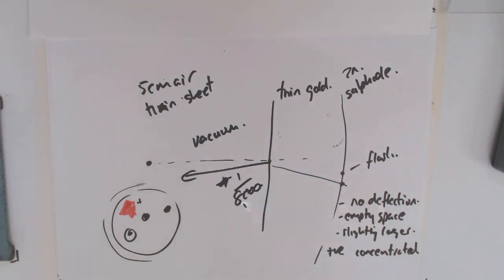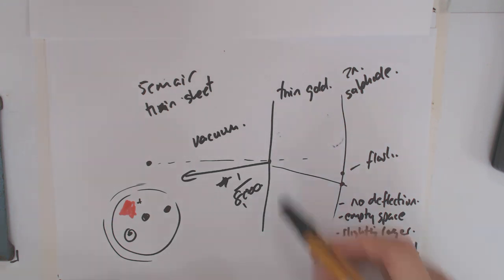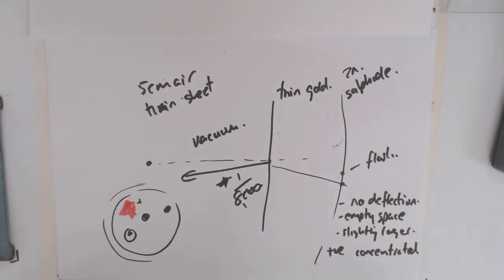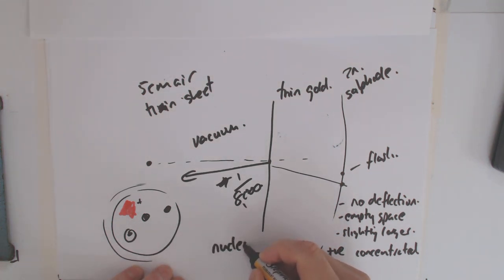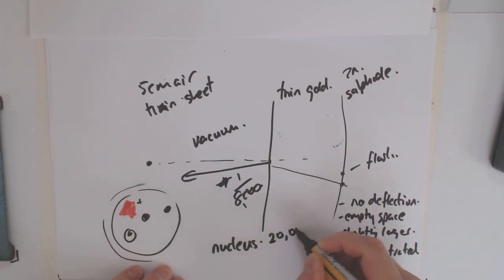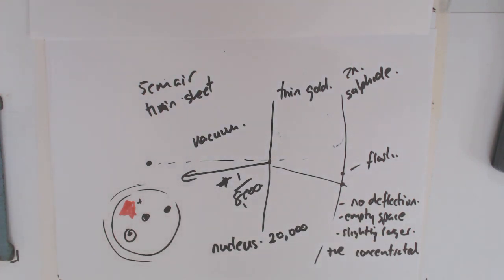Now, if 1 in 8,000 recoiled like this, and that was only if all the gold atom's positive charge was in this really tiny space, that was showing him the nucleus, and the radius of the nucleus is 20,000 times smaller than the radius of the atom.